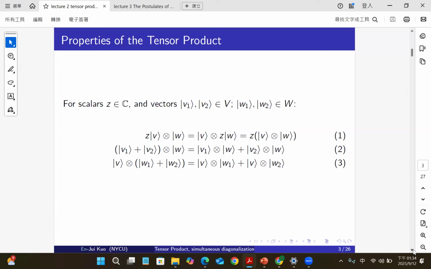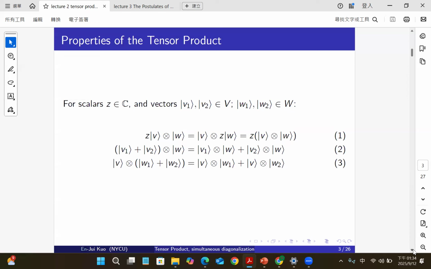And when you take two vectors through the tensor product of V1 plus V2 tensor product with W, then it becomes V1 tensor W plus V2 tensor W. Okay, so this looks more abstract, but if you think of this example it will be trivial.